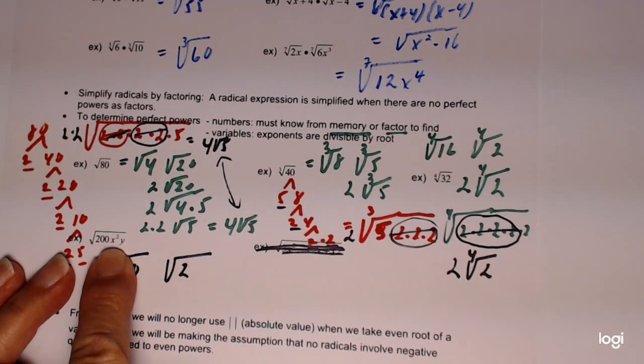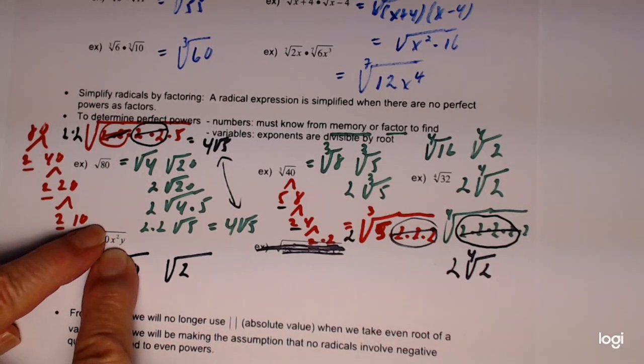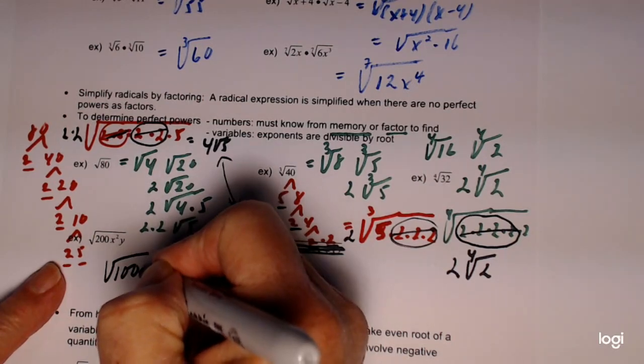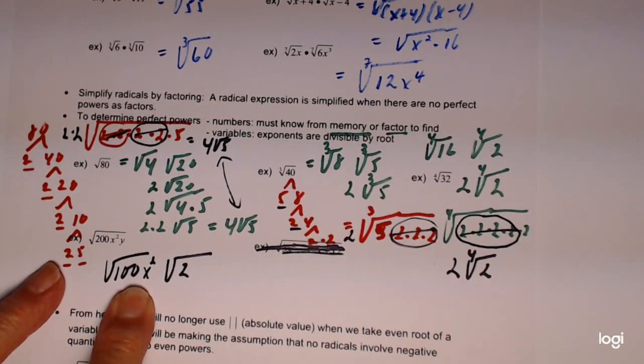Remember, for the variables, I said we will be dividing the exponent of the variable by the appropriate number associated with our root. Square roots, that number is 2. X squared, we can divide 2 by 2, so x squared is a perfect square, so I will put it in this first radical.